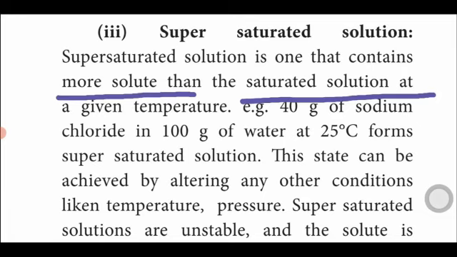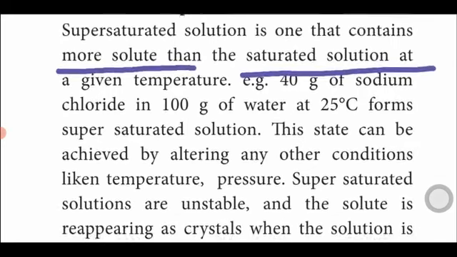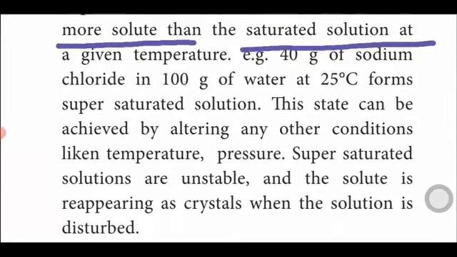Example: 40 grams of sodium chloride in 100 grams of water at 25 degrees Celsius forms a supersaturated solution. This state can be achieved by altering other conditions like temperature and pressure. Supersaturated solutions are unstable, and the solute reappears as crystals when the solution is disturbed.